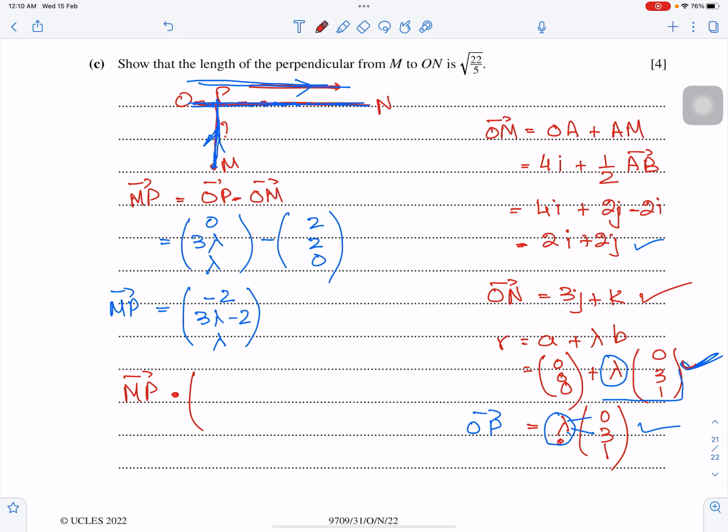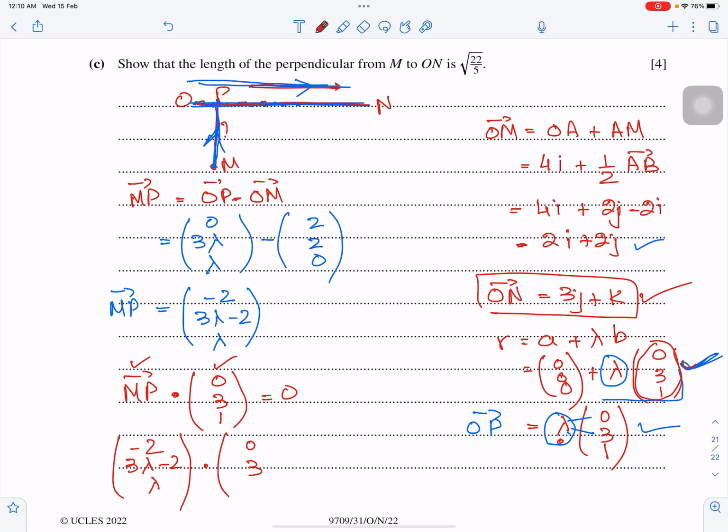This one, 0, 3, 1, right? So I will write 0, 3, 1 equals 0. It means this direction and this direction are perpendicular to each other. And MP is minus 2, 3 lambda minus 2, lambda dot 0, 3, 1.